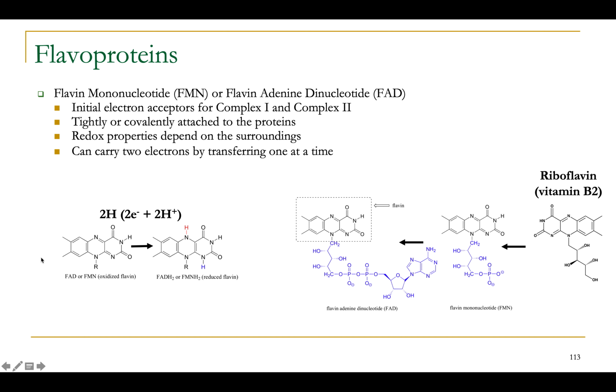The working compound or group within the flavoproteins is the flavin group, which represents the system of unsaturated rings which could be present in oxidized quinone or reduced quinol state.